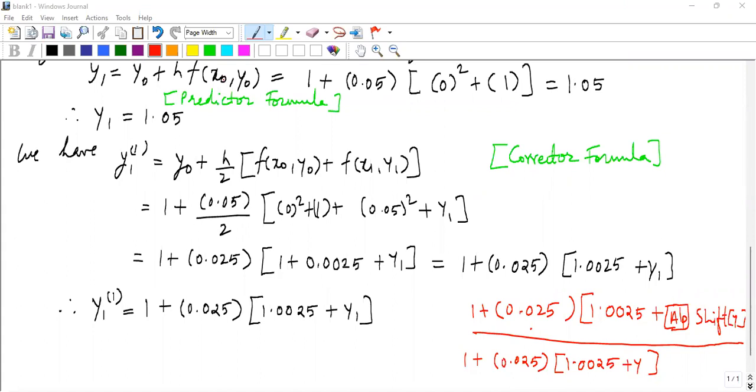I hope all of you are using the 991 calculator. Are you using the 991 calculator? Yes, sir. Okay, you can see near the shift there is one button alpha, which is written in a different color. Are you able to locate this button alpha? Yes.